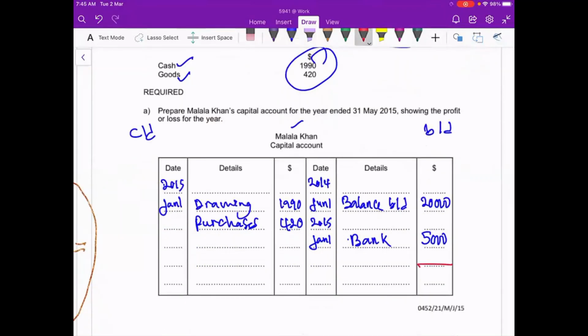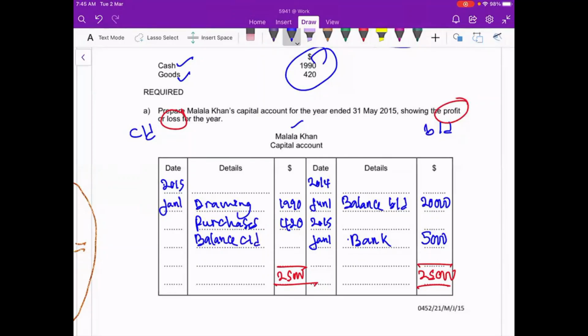Now I need to balance up to calculate profit or loss. I see my credit side is bigger. So the total of the credit side is 25,000. Before you write the total, you're supposed to write the balance CD. Do you know how much the balance CD is?